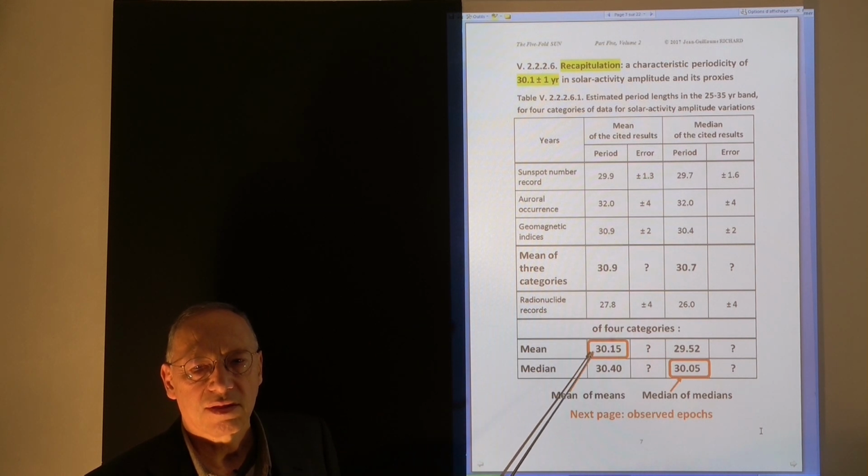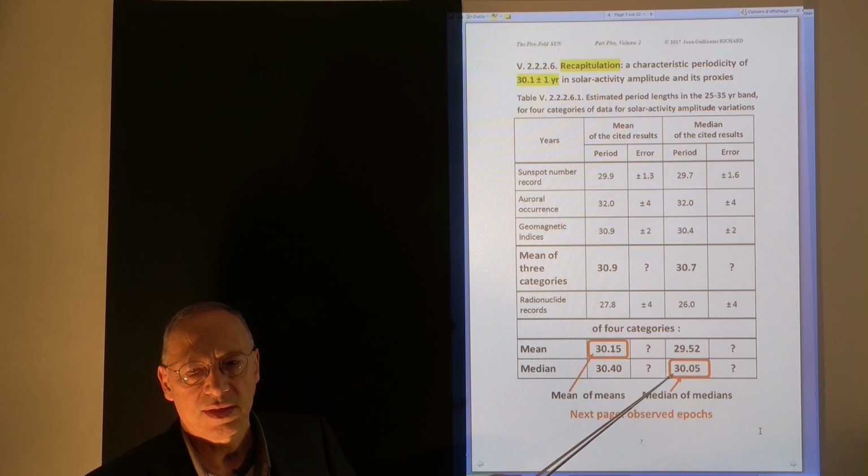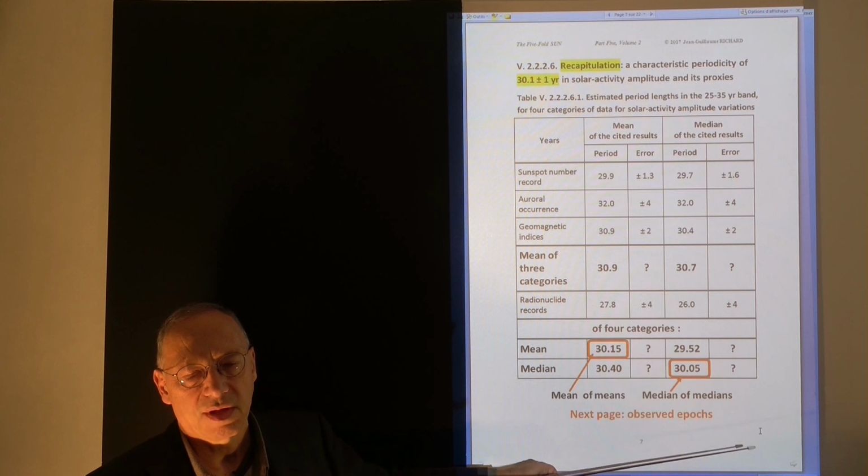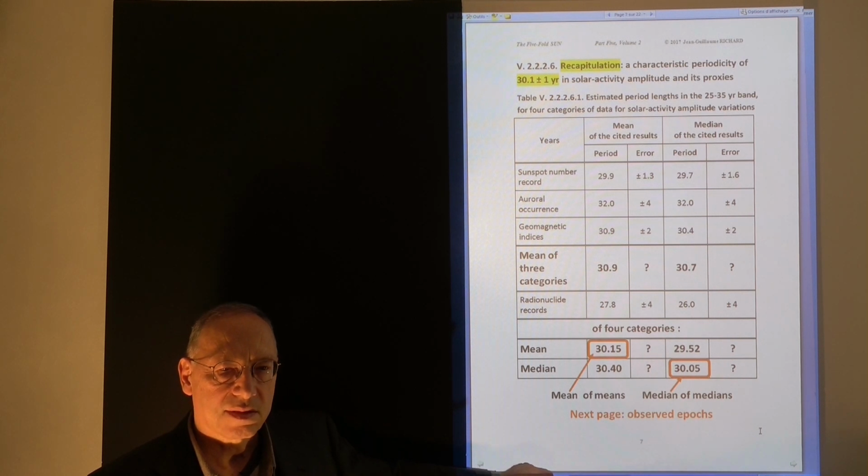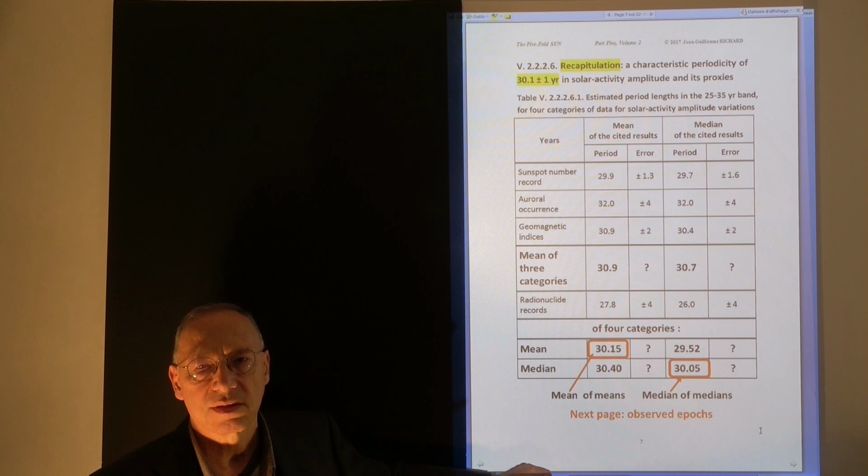And if we look at the mean of the means, we have 30.15 years. If we look at the median of the medians, we have 30.05 years. This is the statistical basis from which is suggested 30.10 years as a central value for the length of this 3-cycle.